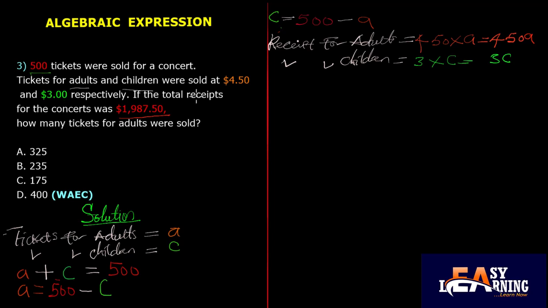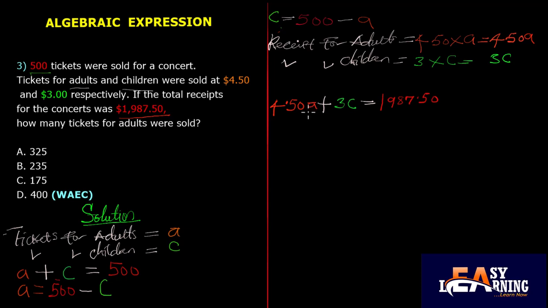For us to do that, we bring it down like 4.50A plus 3C, and that will be equal to what we were given. That was $1,987.50.